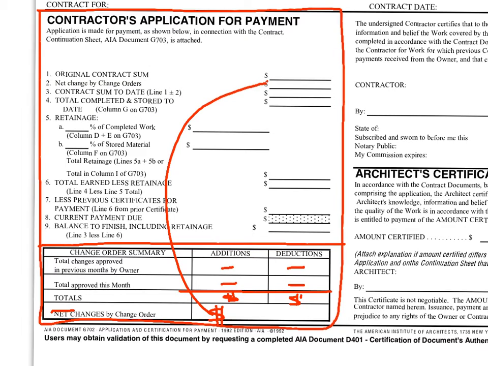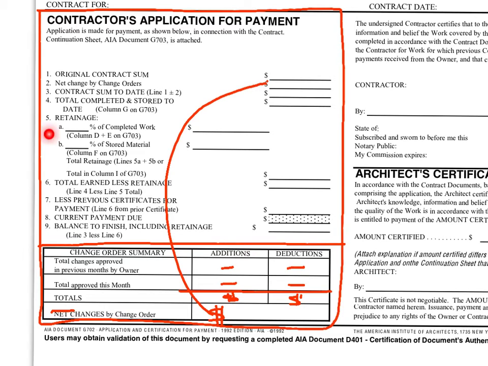Line 1 in this section is where the original contract sum is noted. Net change by change orders is entered in line 2, and the sum of lines 1 and 2 equals line 3, which is the contract sum to date. Line 4 represents the total completed and stored to date, and you will notice that it's from column G on G703, which is why it's important to complete form G703 prior to G702.